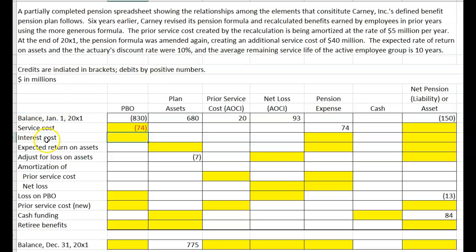So the current year interest cost should be the $830 million times 10%. That will increase the PBO with a credit, and it will also increase the pension expense with a debit. Go ahead and do those calculations. Fill in your credit here and your debit here. Then start the video again to check your work.